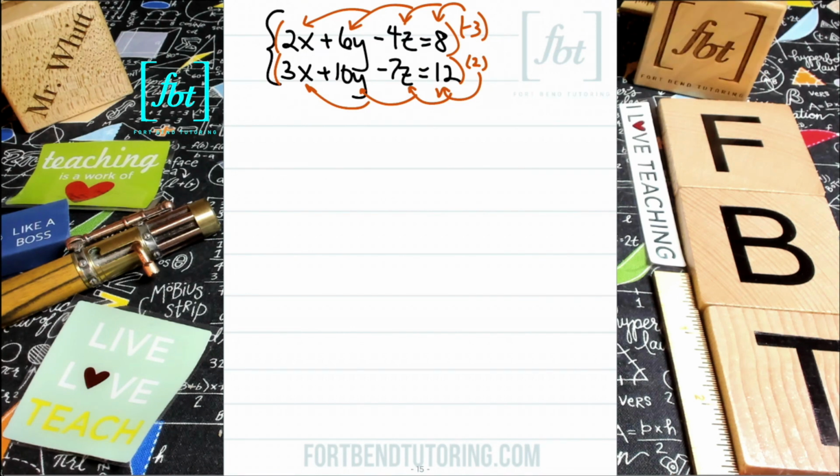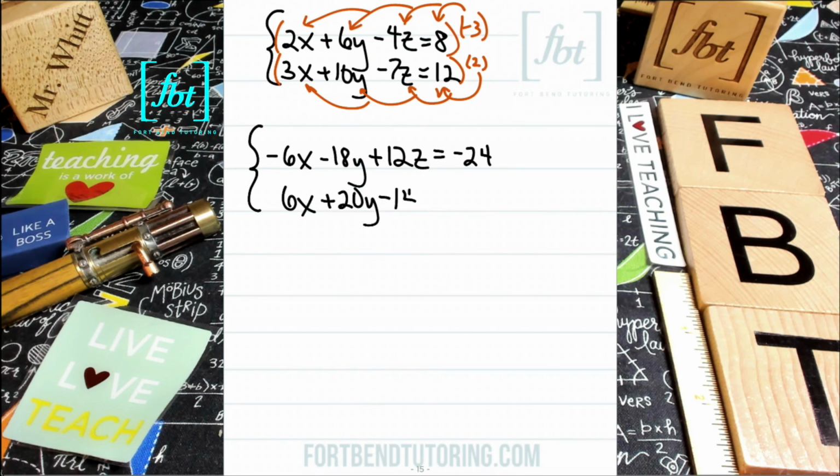So with that, we'll have the following system now. You'll have negative 6x minus 18y plus 12z equals negative 24. The second equation will be positive 6x plus 20y minus 14z equals 24. After having this set up here, we know that our x's will be eliminated.